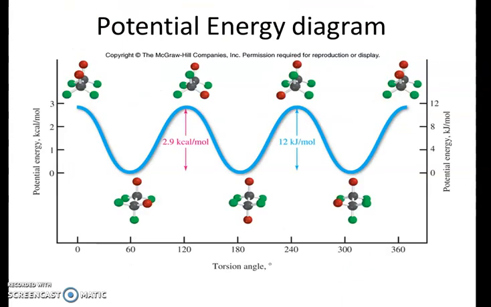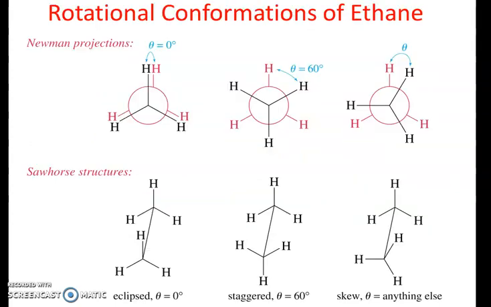Now we'll discuss the relative stability between these two, the staggered form as well as the eclipsed form. See, definitely the staggered form is more stable. Why is the staggered form more stable compared to the eclipsed form?